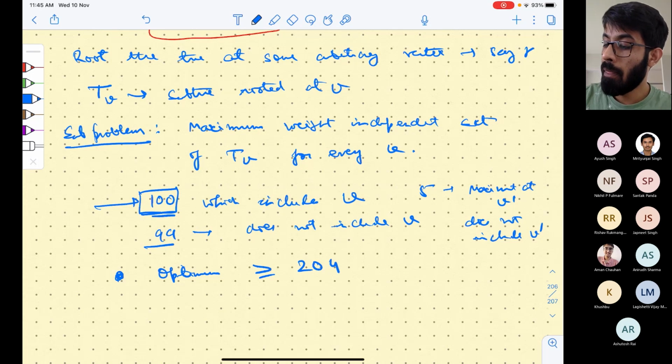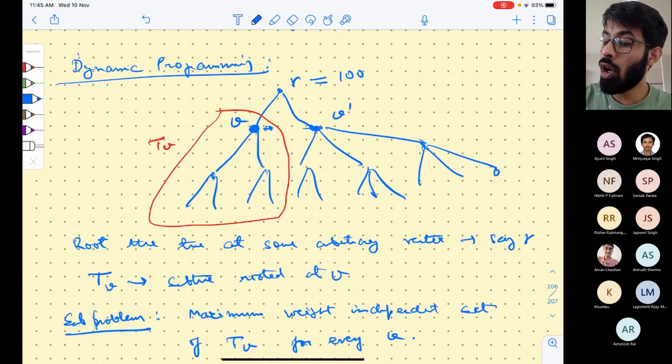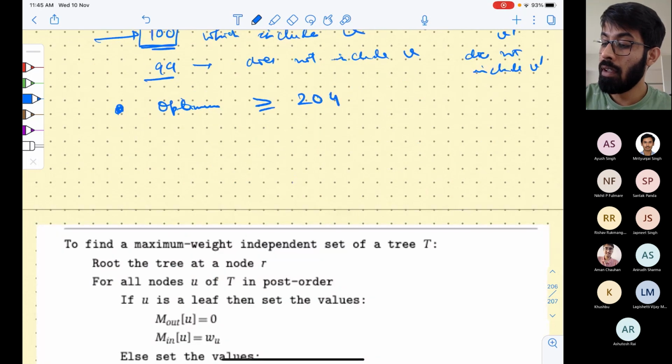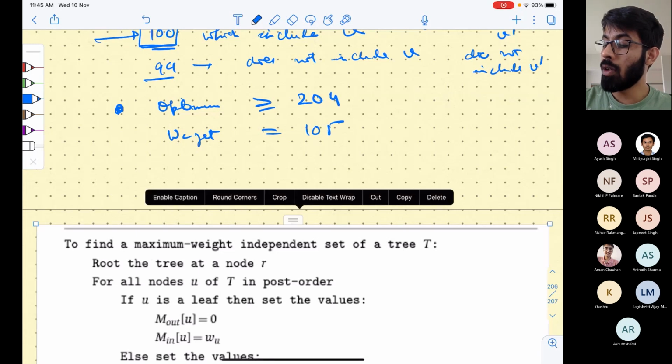But you will not be able to include this R because you only have the maximum here. So what you will get is just this 100 and this 5, so we get 105. So this is not a good strategy.